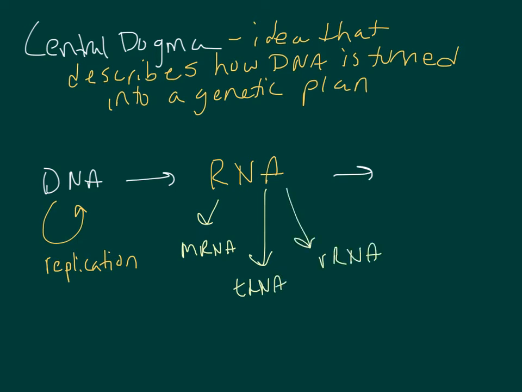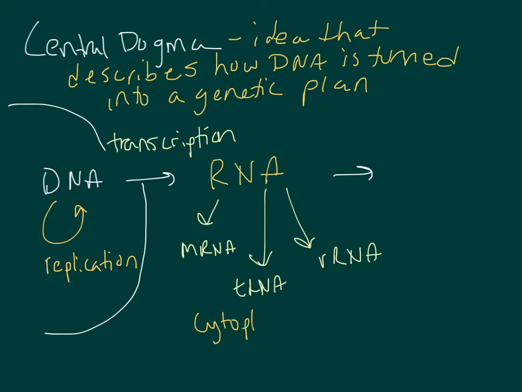And this is through a process called transcription, where DNA from inside the nucleus is able to go out into the cytoplasm, and then from RNA we're then able to go to a protein, which again was one of the 4 macromolecules.